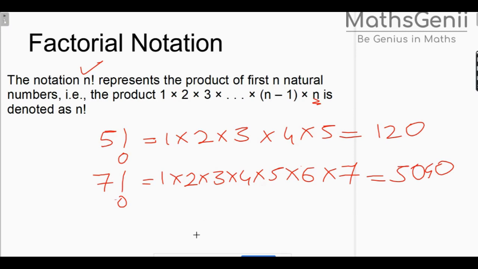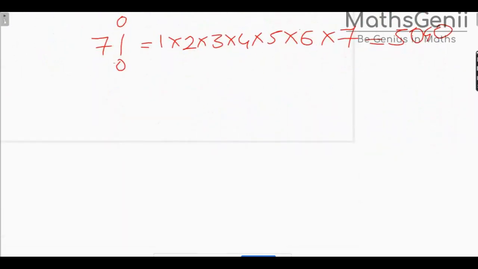Now let's look at the division of factorials. Very simple it is, just pay careful attention. Your question is 7 factorial upon 5 factorial.